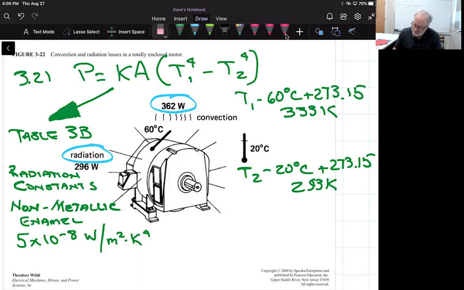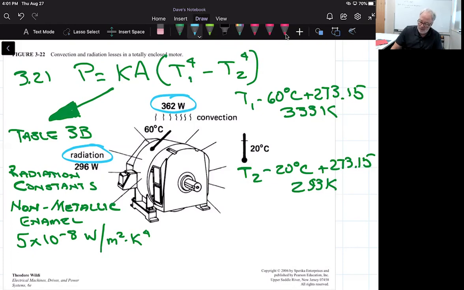Then after we get that information, we multiply by the difference between the absolute temperature in Kelvin of the body and the absolute temperature of the surrounding objects.